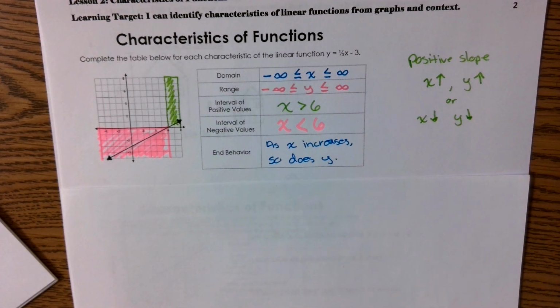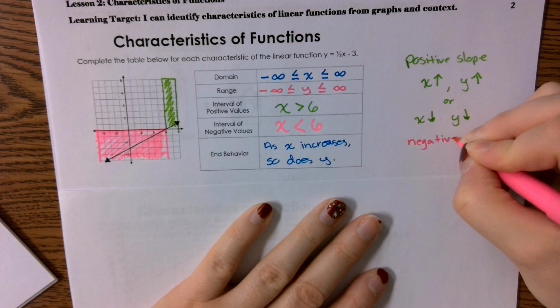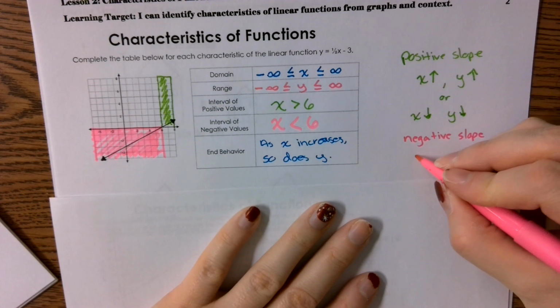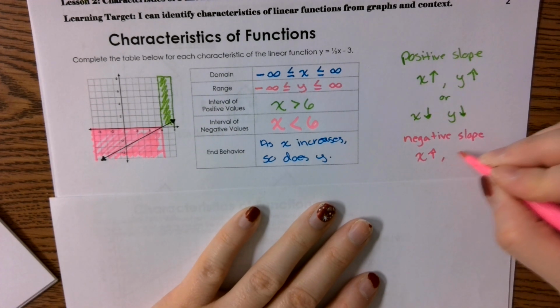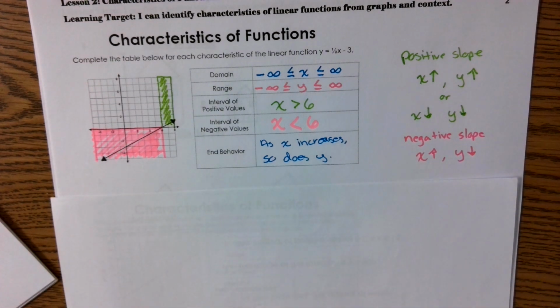They follow similar trends. When you've got a negative slope, they will have opposite effects. If x is increasing, y is decreasing, and if x decreases, y increases. They have an opposite effect to each other. So when you're looking at your lines, the slope will tell you a lot about its end behavior.